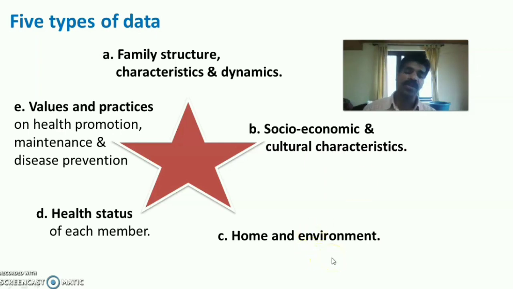Third, home and environment, inside and outside the home of the family. Fourth, health status of each family member, that is present, current and past health problems. And last, values and practices which family members follow on health promotion, maintenance and disease prevention.